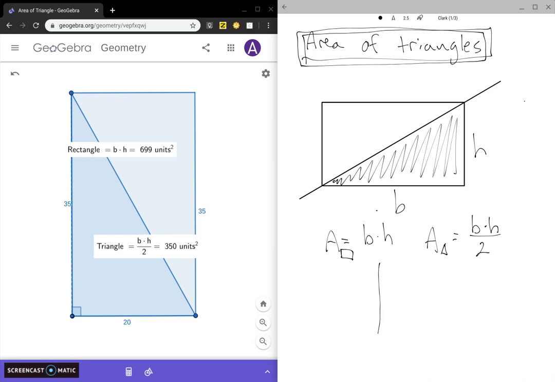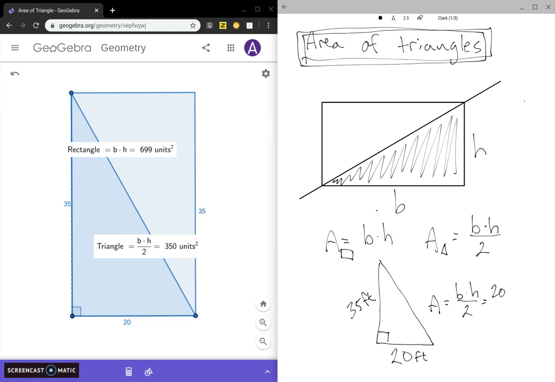Let's say I have a triangle, a right triangle, which means it has a 90-degree angle here, or a right angle. Let's say it has a base of 20 feet and a height of 35 feet. Right. So let's use our formula. Area equals base times height divided by 2.